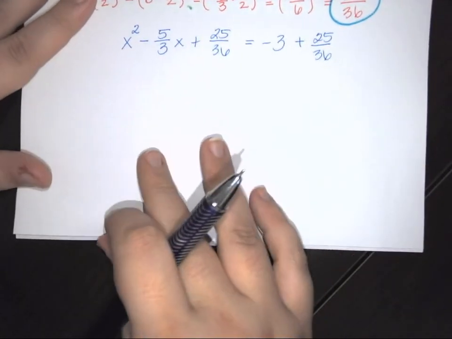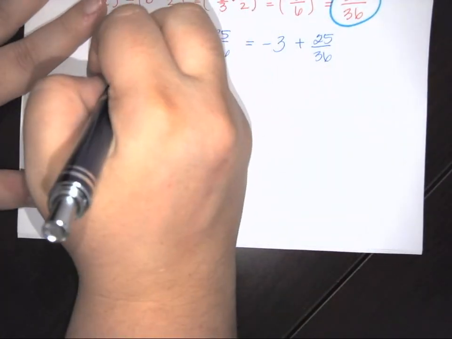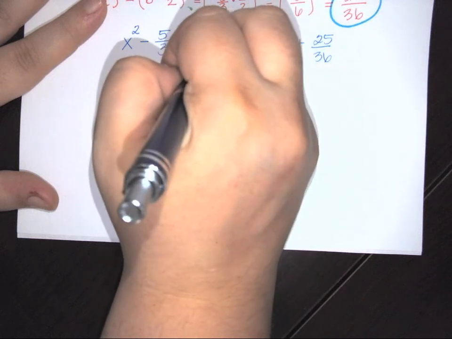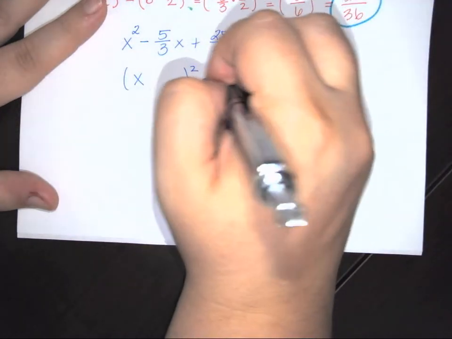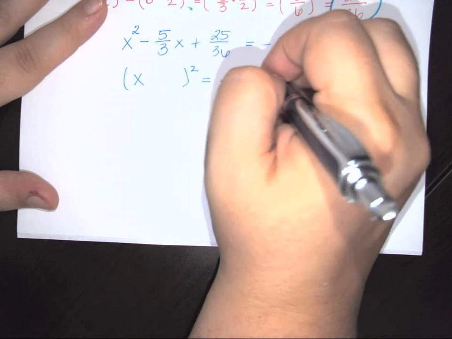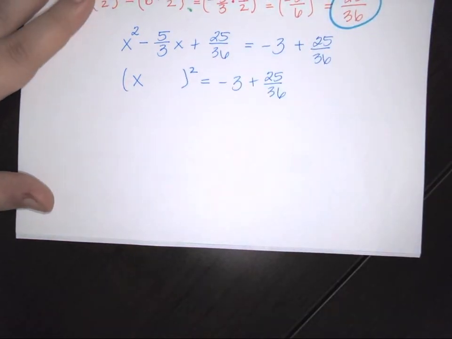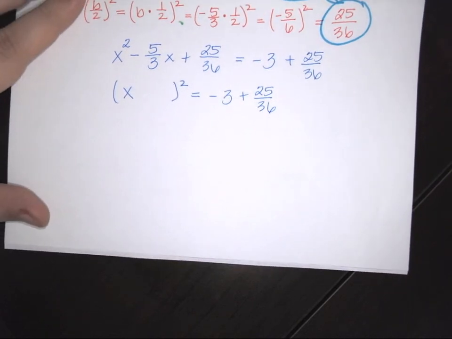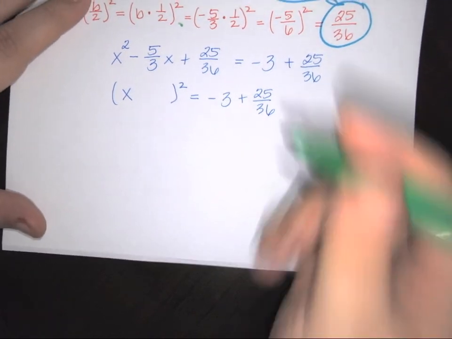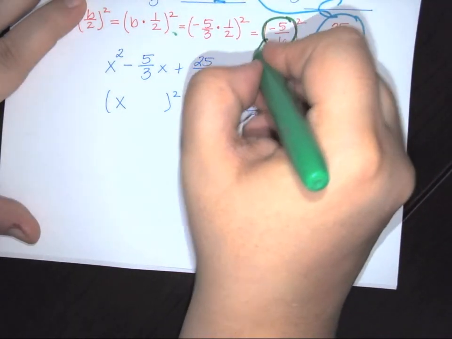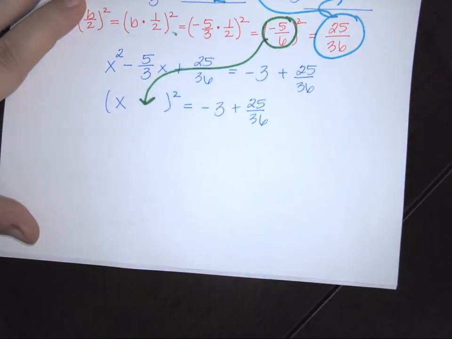I still have to set up my term. So my variable is still an x squared is equal to that negative 3 plus 25/36. And just like before, this fraction term is still going to be the term that comes down here.